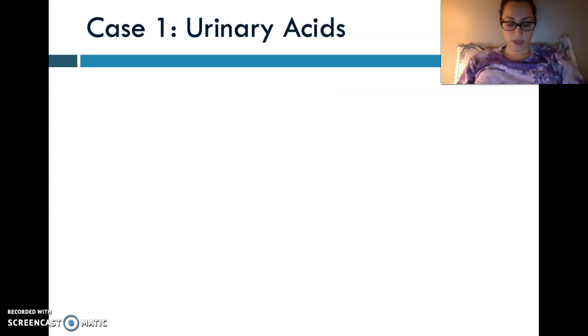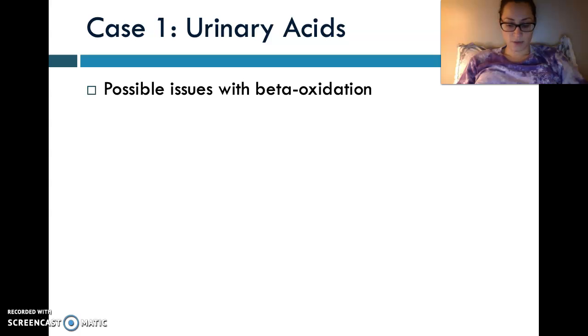That leaves us with urinary acids. Several types of urinary acids can help play a role in distinguishing many metabolic disorders. Issues with beta oxidation can result in both an increase and decrease of ketones in the urine.